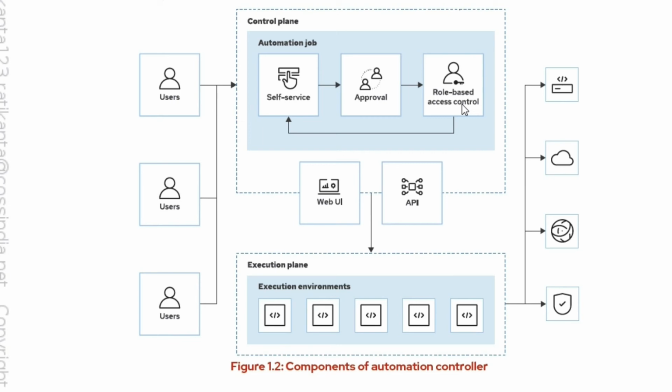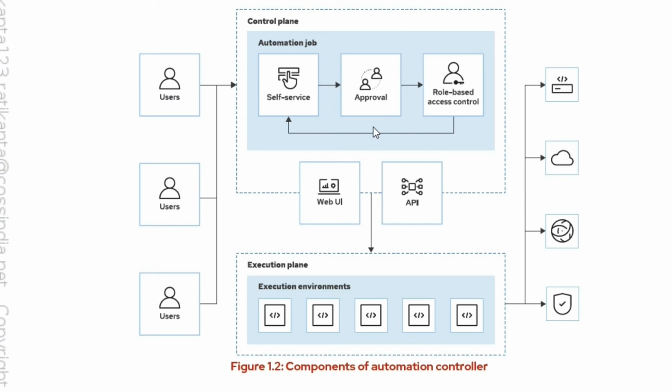Every user doesn't have the same access. You can decide which role a user should have, whether he can execute the playbook or not, whether he can view the resource or not. That you can decide by the RBAC feature. There are many other features, and I will explain those at controller time.